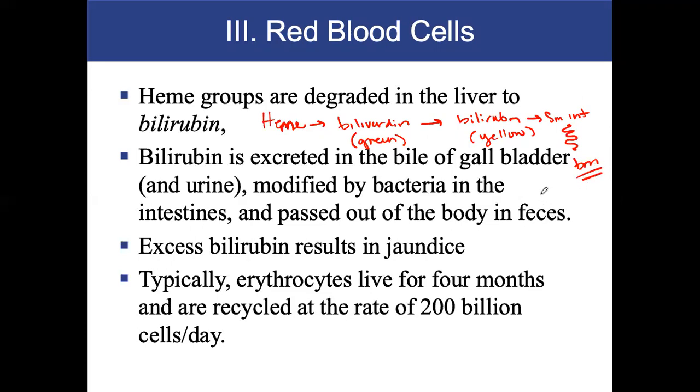So bilirubin is excreted in your bile. What's the purpose of bile? The purpose of bile is to emulsify fats. So really interesting. Your heme gets degraded to biliverdin and then to bilirubin. And then bilirubin gets put in bile. It actually gets converted to bile in your liver, but then bile is stored in your gallbladder.